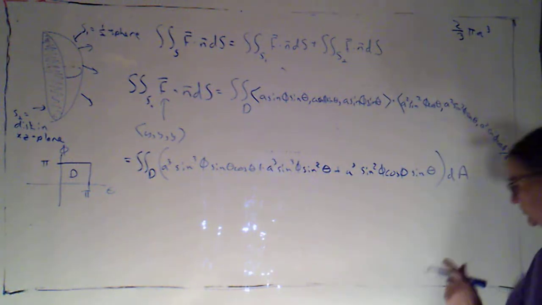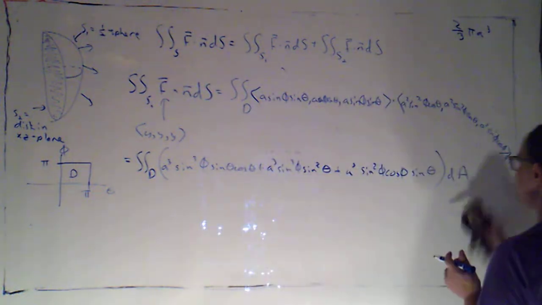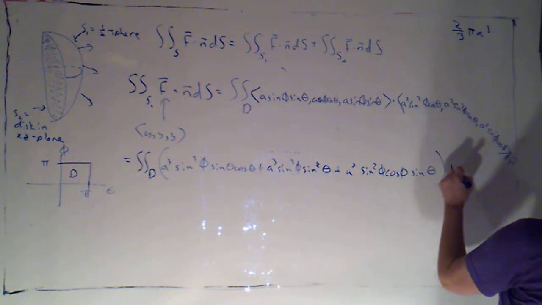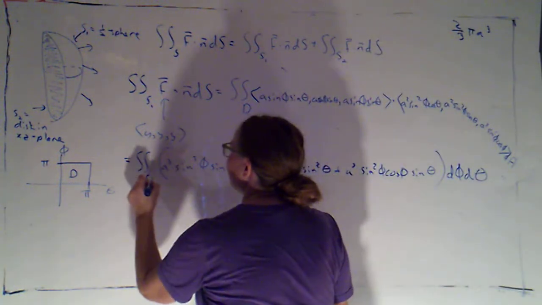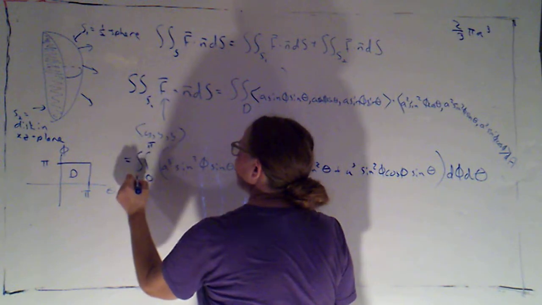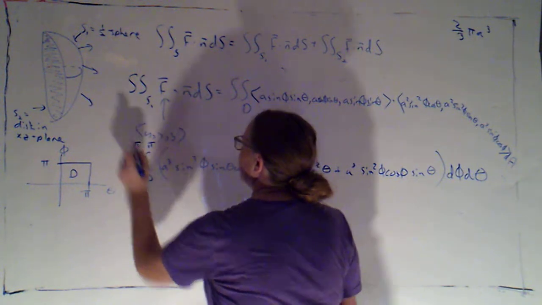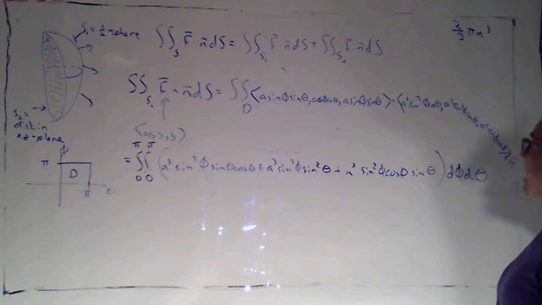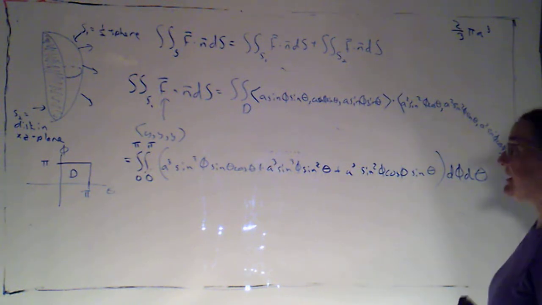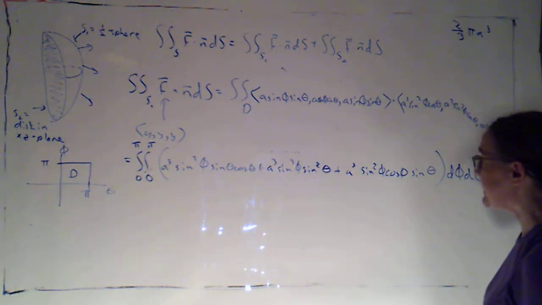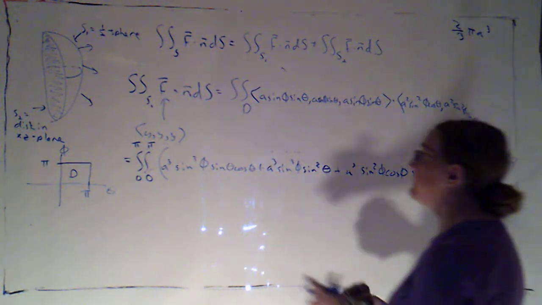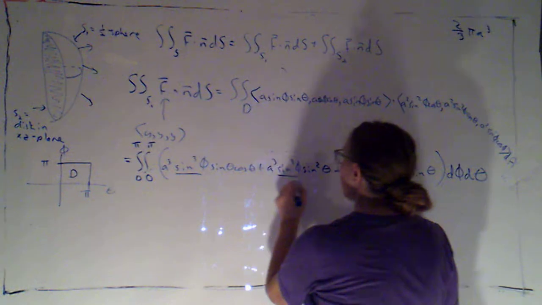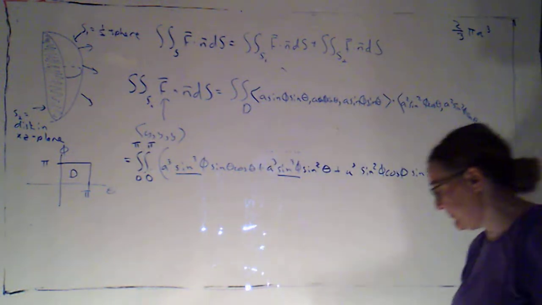I think in the interest of space, I'm just going to switch this to d phi d theta and switch this to the integral from 0 to pi and 0 to pi. All right, let's go ahead and integrate with respect to phi.